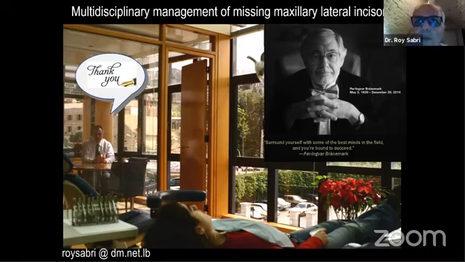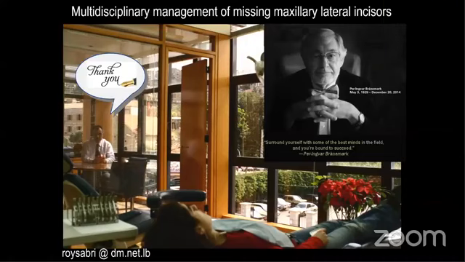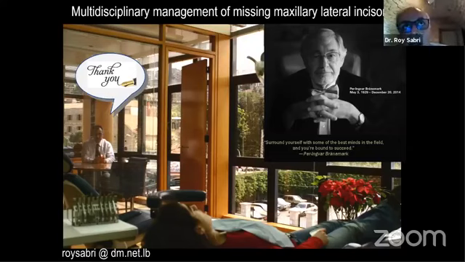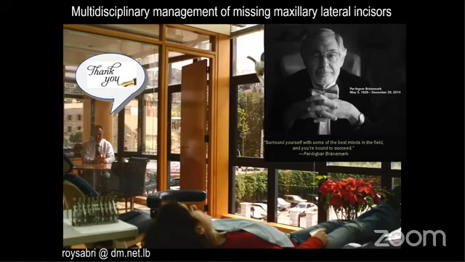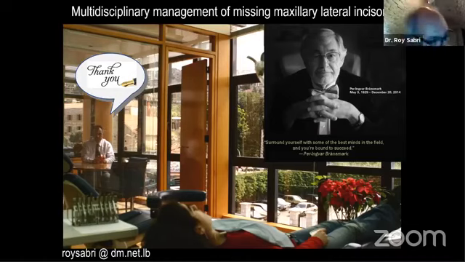Again, you have to discuss with the patient, the periodontist and the restorative dentist. Some patients will tell you, I don't mind about my gummy smile. Absolutely. Some patients will tell you, no, I hate my gummy smile and I hate my canine eminence. And then you have to go for something else. Then you have to go maybe for maxillary surgery or crown lengthening, depending on the case.